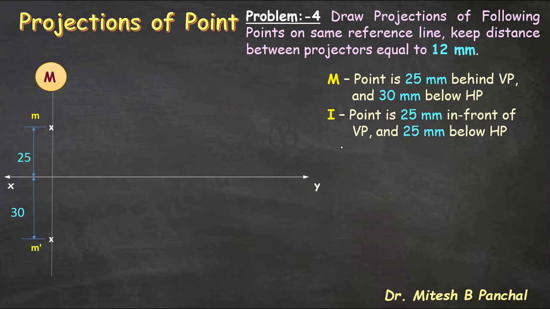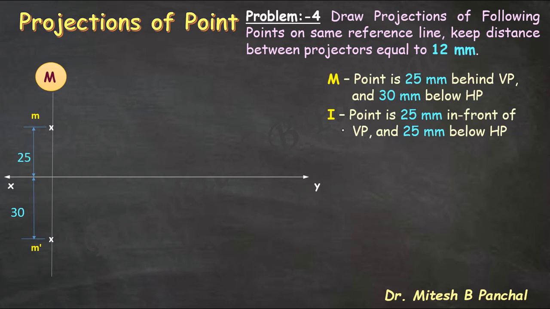And we know that when object is in fourth quadrant, both its projections, front view and top view, are below XY line.